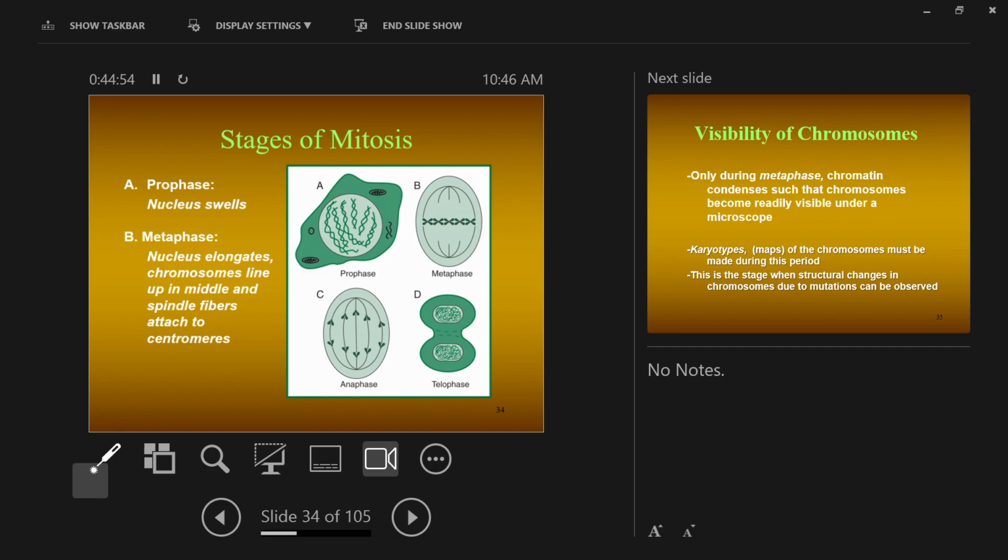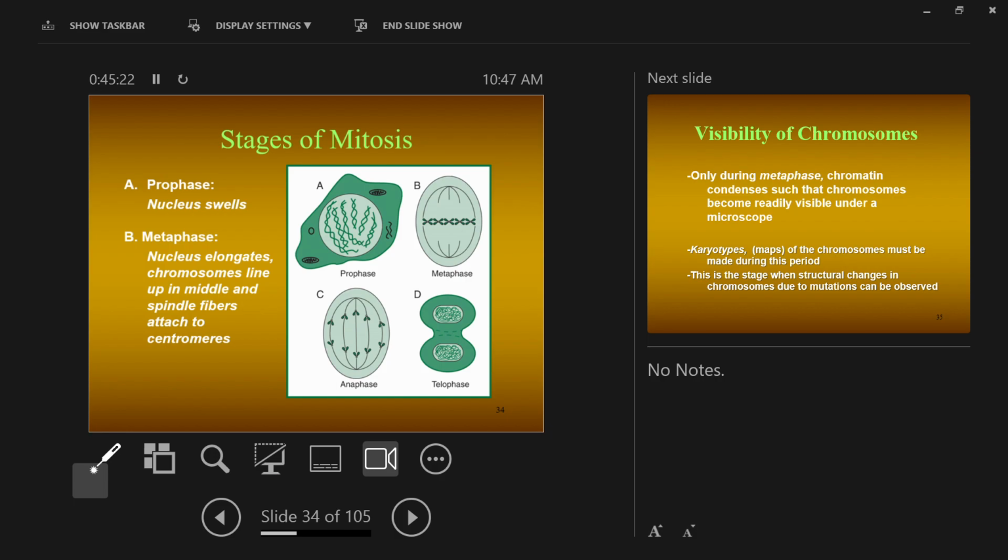Okay, so you see A is shown, that's prophase. So it's getting ready to split? Yeah, all of these are getting ready to split. A, B, C, at least A and B at a minimum are the cell getting ready to split. C and D are the cell actually splitting. So the prophase, the nucleus swells in preparation for the split.